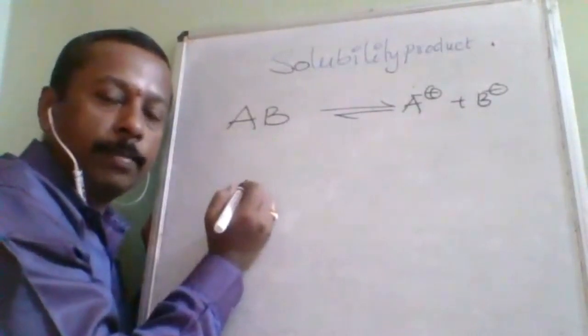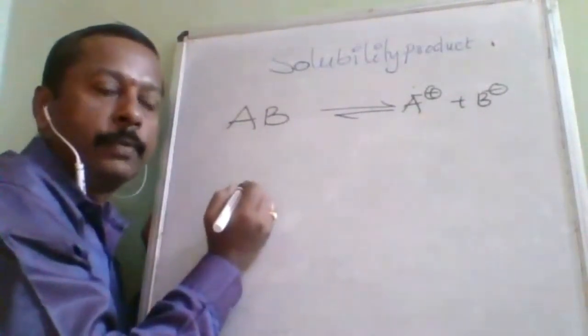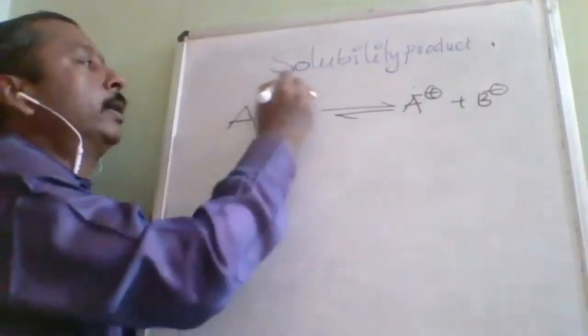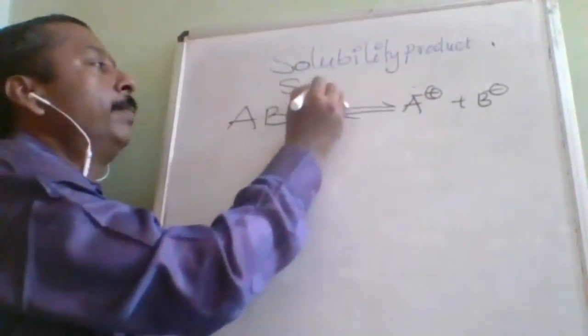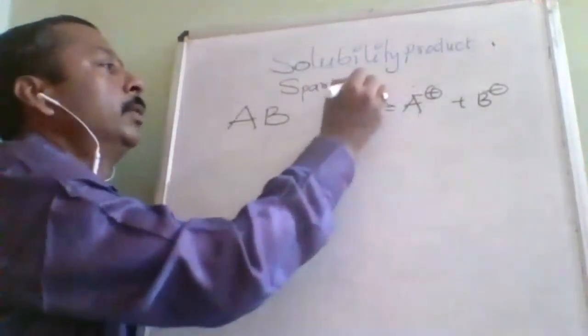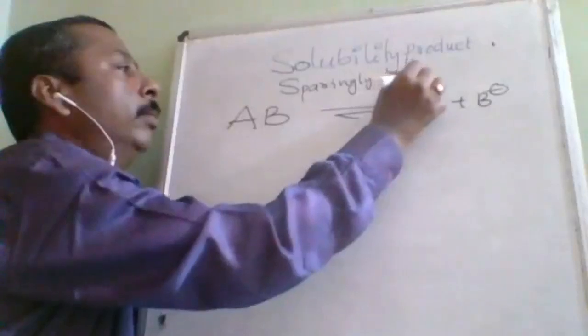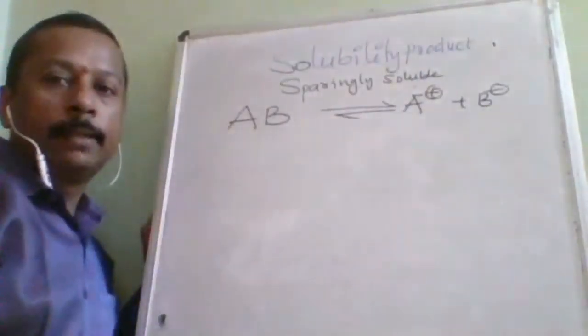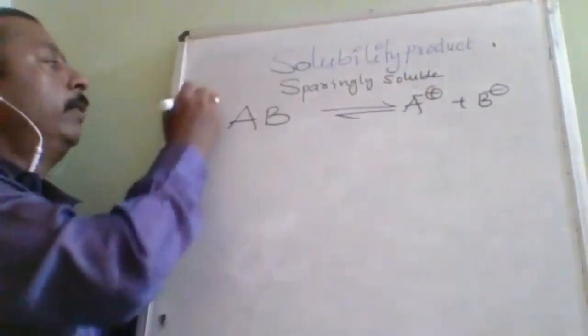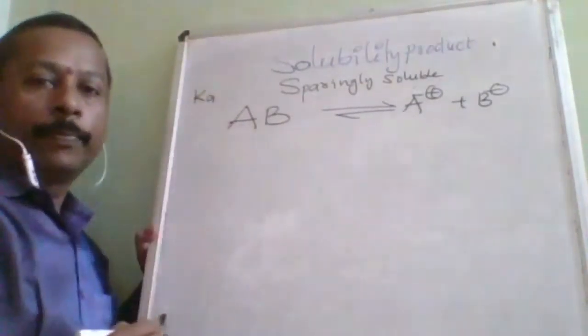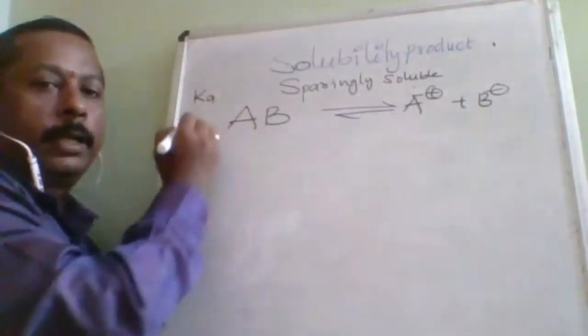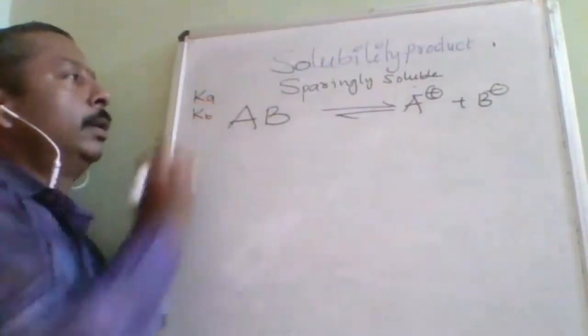Solubility product is applicable only to substances which are less soluble, clearly specified as sparingly soluble. Okay, so for an acid, if it is sparingly soluble, we denote it with Ka. For a base which is sparingly soluble, we denote it with Kb.